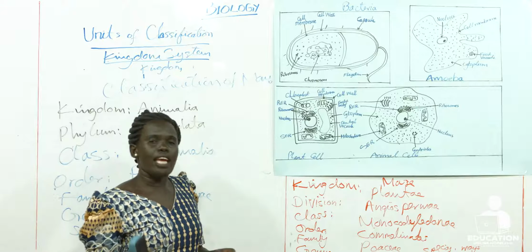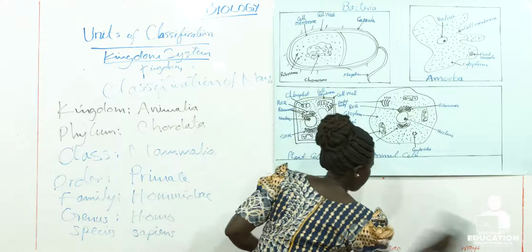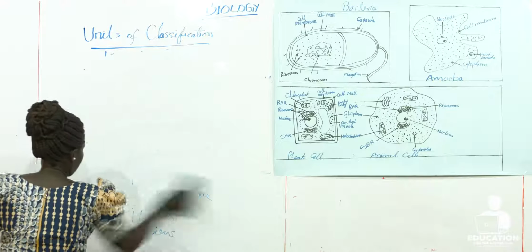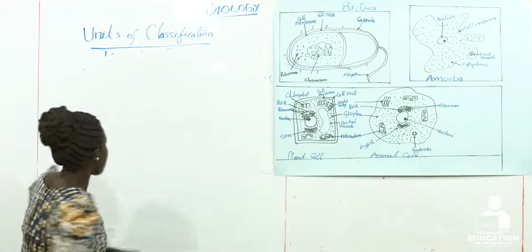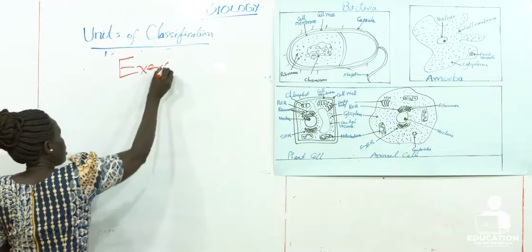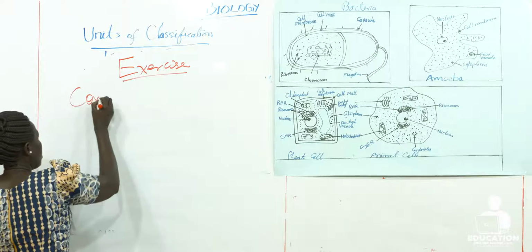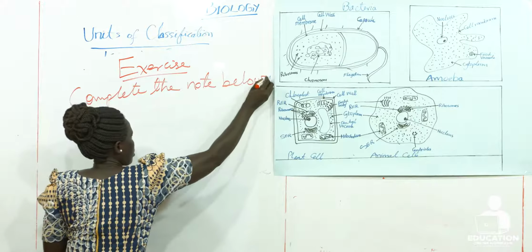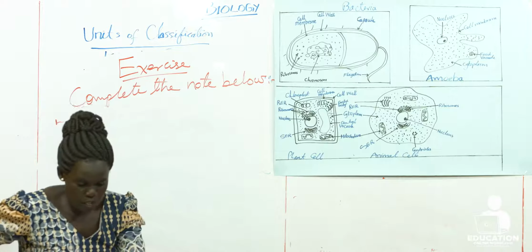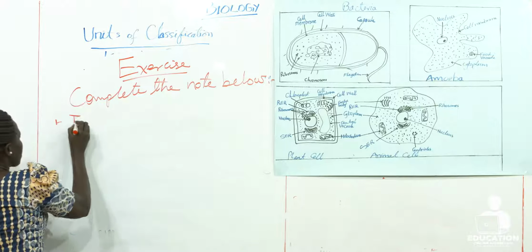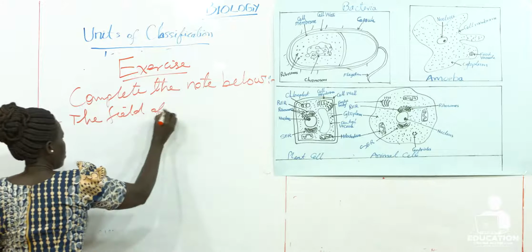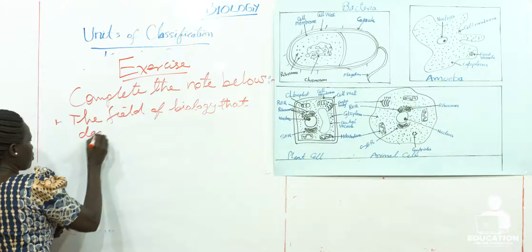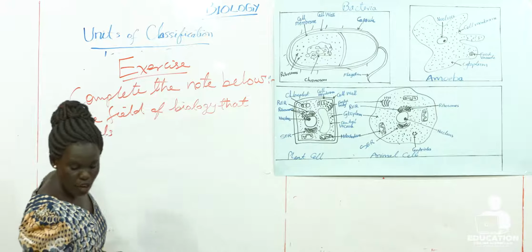Now, I'm going to copy the exercise on the board. The field of biology that deals with classifying organisms is called.